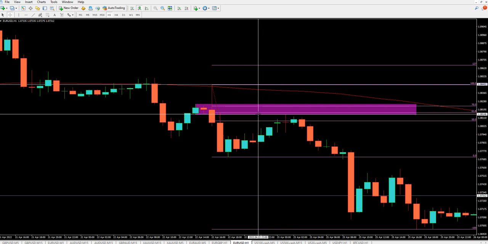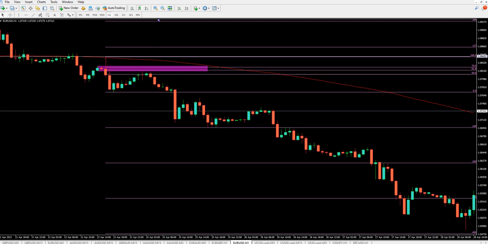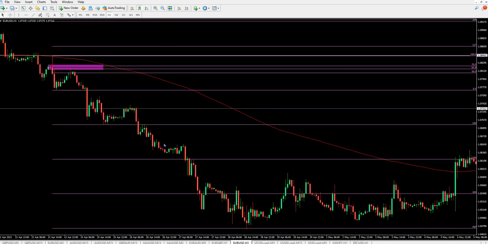You just put an entry at the bottom of the zone. You're looking at a 10 pip, 11 pip stop just to have it above the zone. So again, numerous confirmations just from looking at a 200 EMA that price is wanting to start its way down. And obviously we can see it has been quite the downtrend.